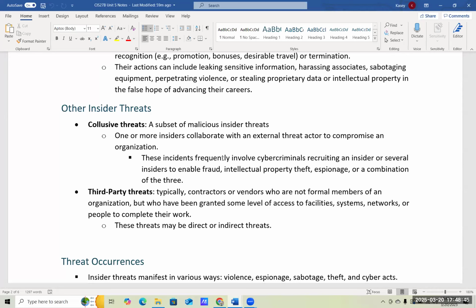If you have contractors that periodically come and audit your systems, or work on your systems, they would have access to your systems and networks. And so they fall into a direct or indirect threat, because sometimes they directly impact the organization and sometimes they indirectly impact the organization through their own networks and devices, okay?